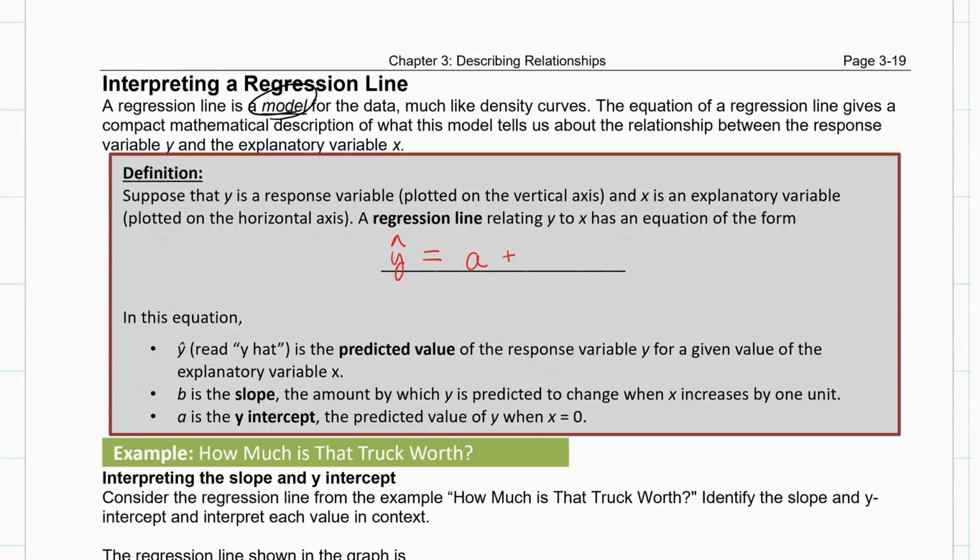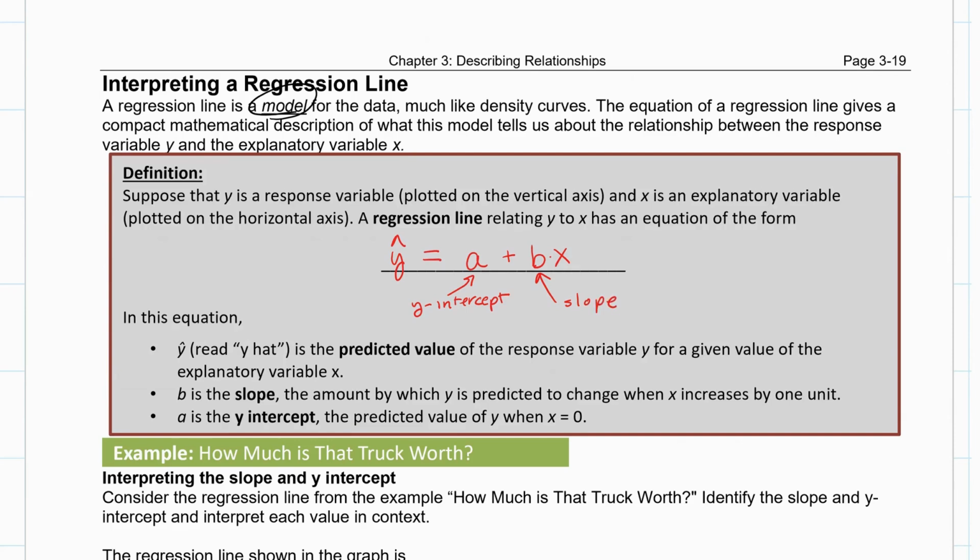We say that the line is in the form of a plus bx. Now, with mx plus b or a plus bx, we're still thinking that this number that doesn't have an x on it is our y-intercept, and that this b value, the coefficient on the x term, is our slope.